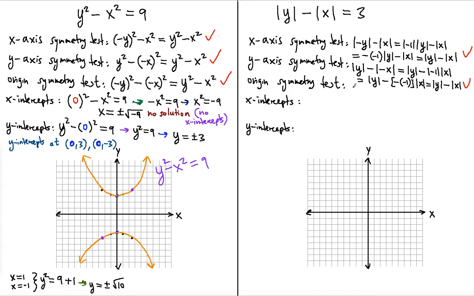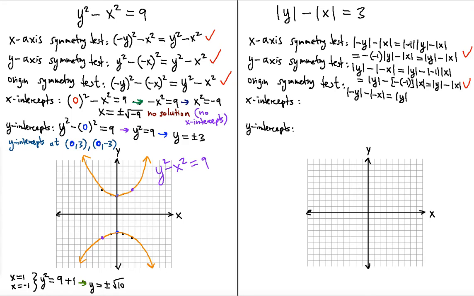Now the origin symmetry test, let's test that. You're going to negate both the y's and the x's, right? So I'm going to save some space this time. We know that the absolute value of negative y, as we've said, is the same thing as absolute value of y. If you do not understand, just go through what we did here.